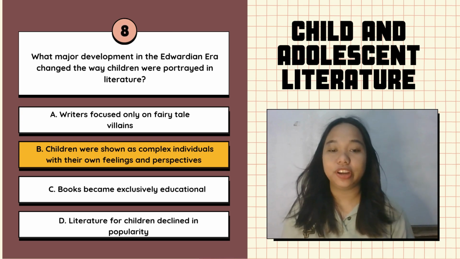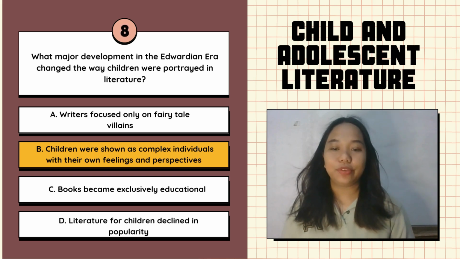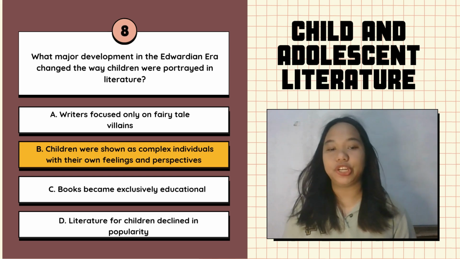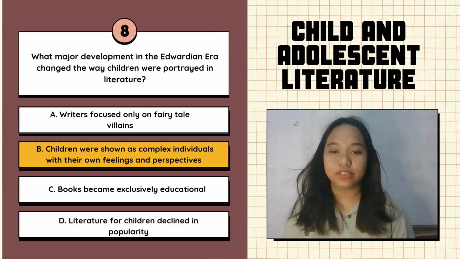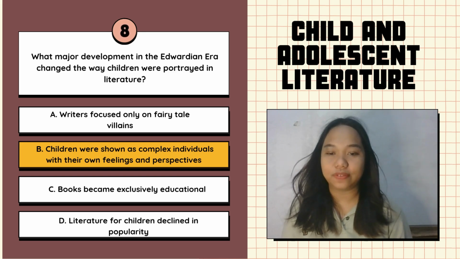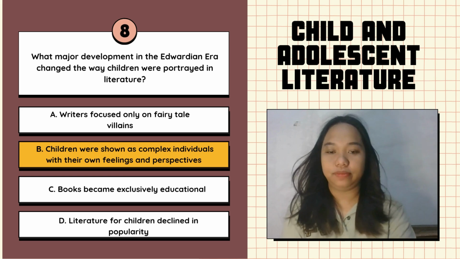The Edwardian era, or early 1900s, marked a shift in how childhood was understood. Children were no longer seen as miniature adults or blank slates for moral lessons. Instead, literature began to reflect the inner emotional lives, imaginations, and dreams of children.